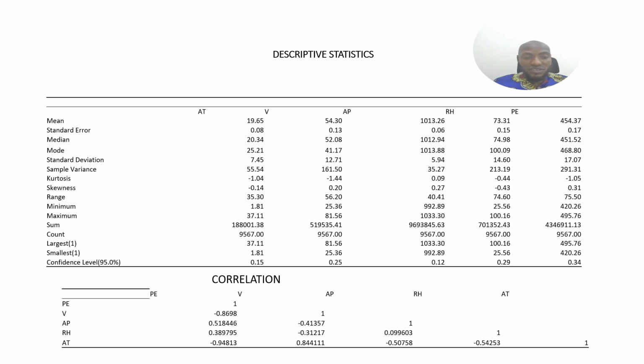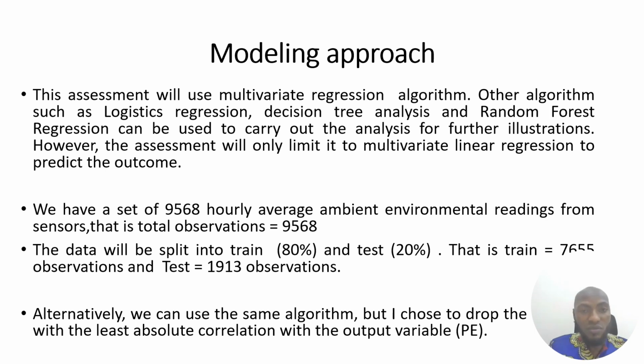In the correlation table below, you can see that V has 0.869, AP positive 0.51, RH 0.38, and then AT, which is the atmospheric temperature, has 0.94. This is good, and we can go ahead to do the model building.